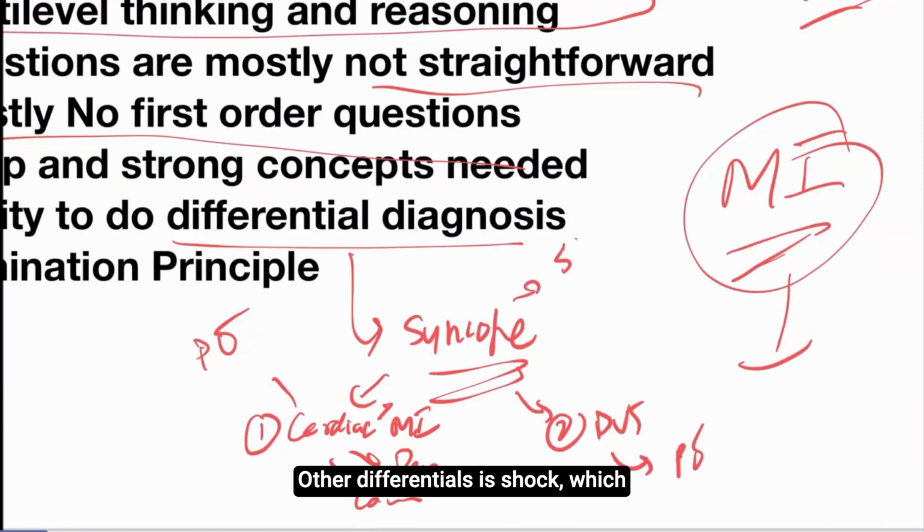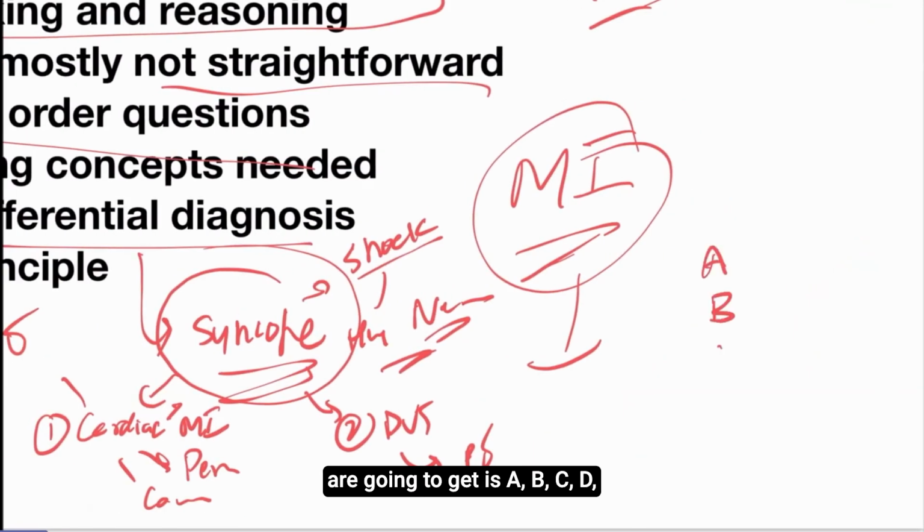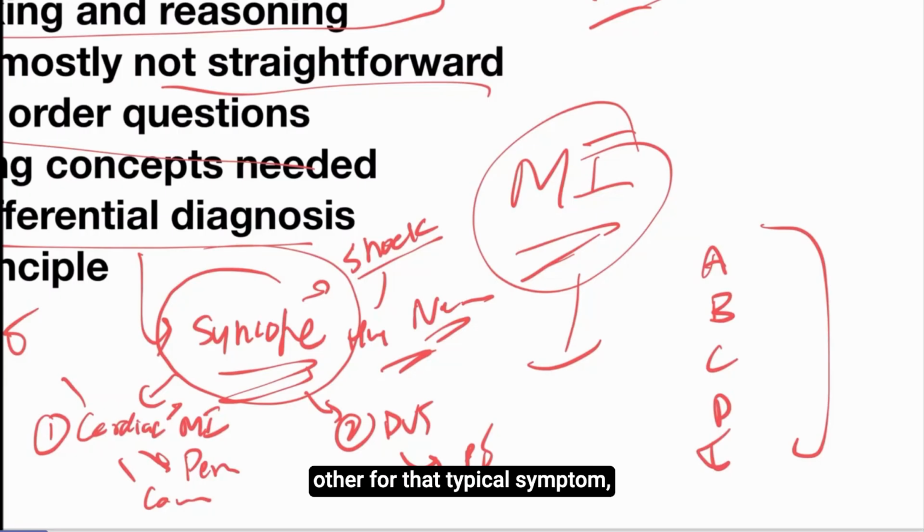Other differentials include shock, hypovolemic shock or neurogenic shock, multiple types of shock. What they will do is take one big symptom and make a whole question stem on it. And the answer choices, A, B, C, D, E, are all differentials of each other for that typical symptom, which you saw in the previous example.